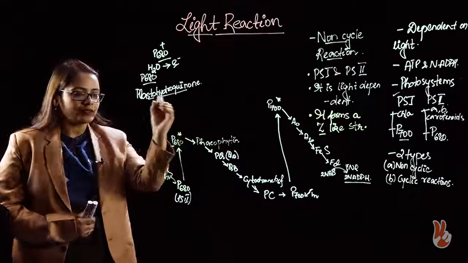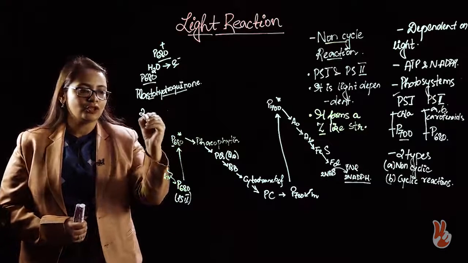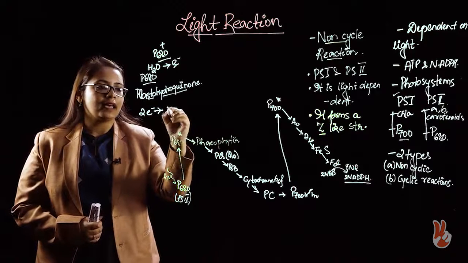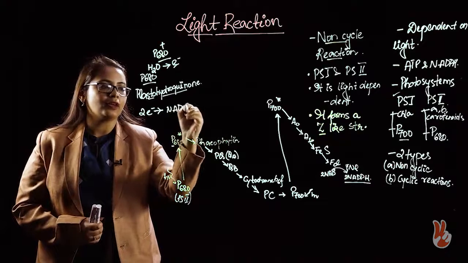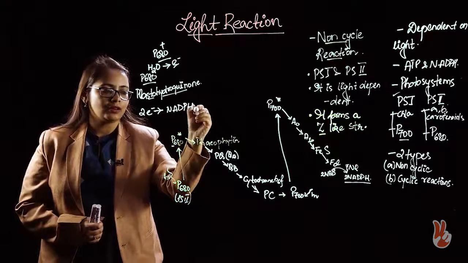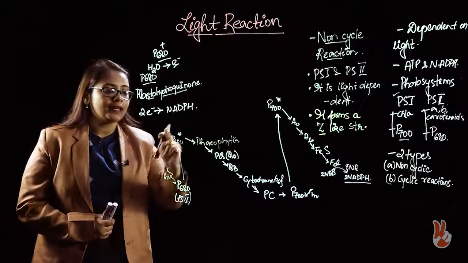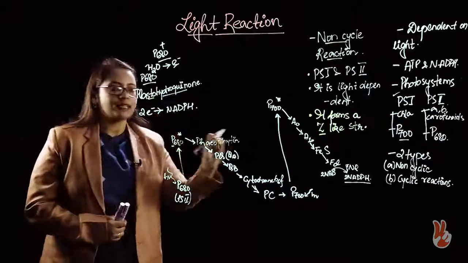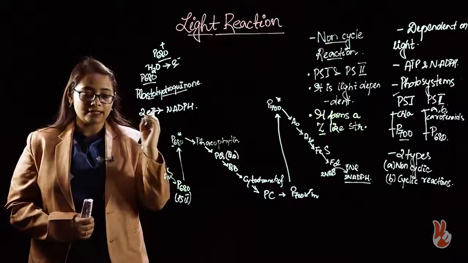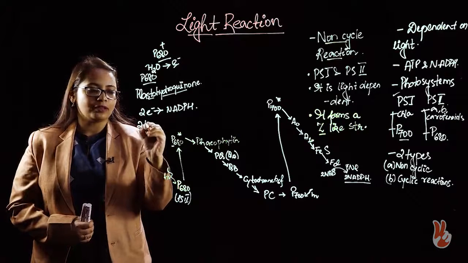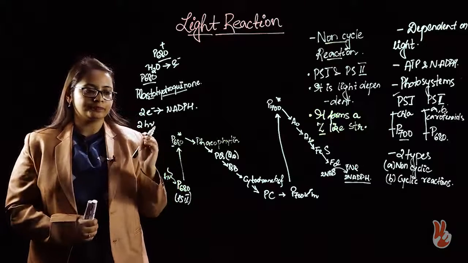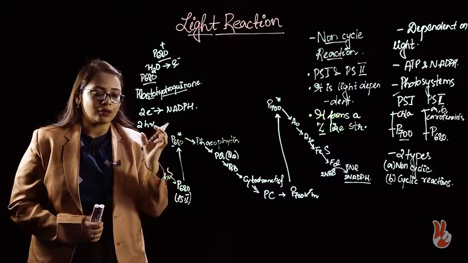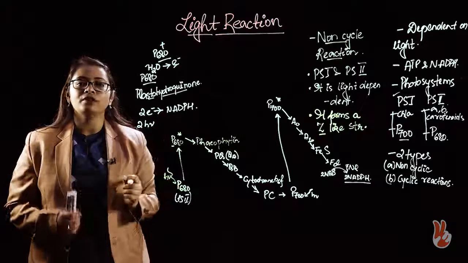It has been seen that 2 electrons are required to generate one molecule of NADPH. For one electron transfer from the water molecule to the NADPH, it is estimated that 2 photons, or 2 energy packets, are required or absorbed by each of the photosystems.